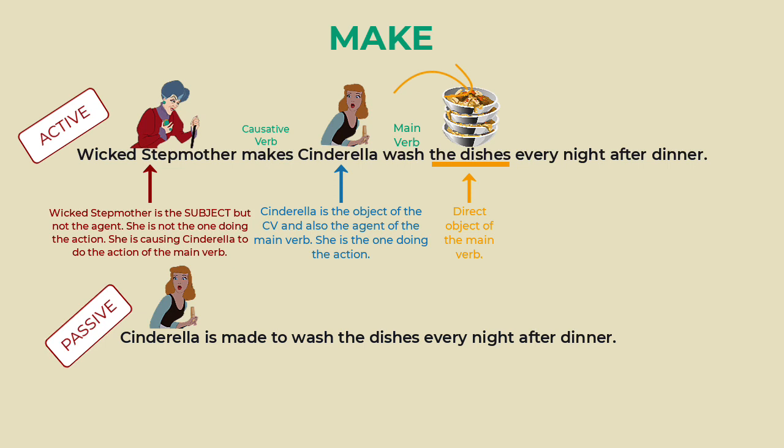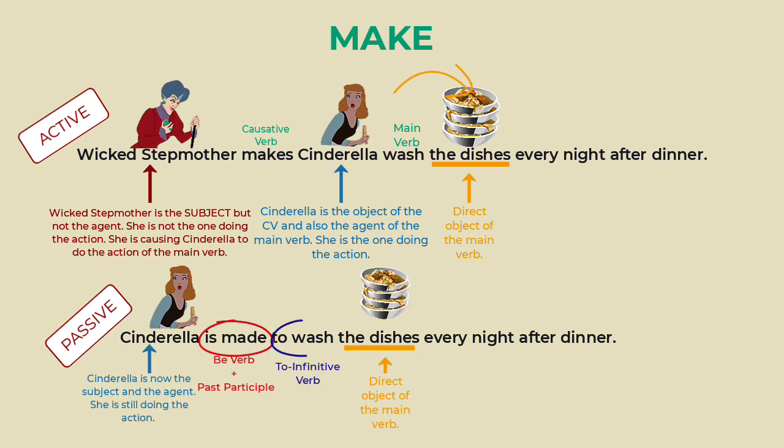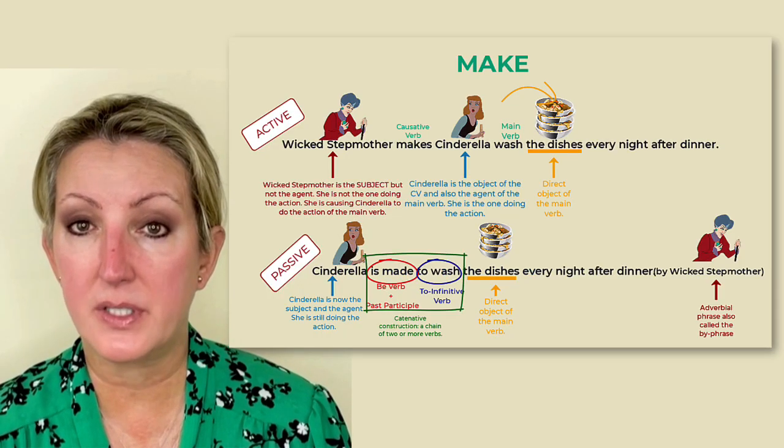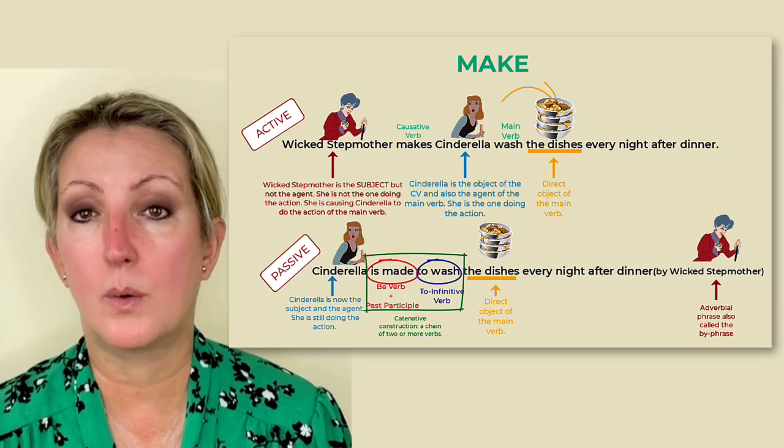If we turn it into the passive, we would say, Cinderella is made to wash the dishes every night after dinner, and it is implied by wicked stepmother. This passive structure with make is not very common, and it sounds formal. You'll probably not see it very often, perhaps in formal writing or literature.